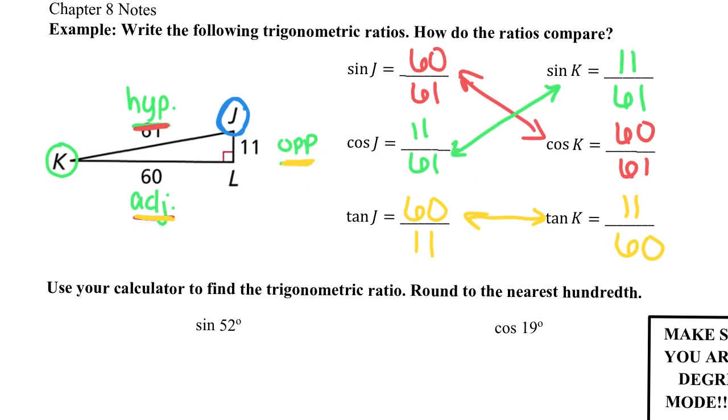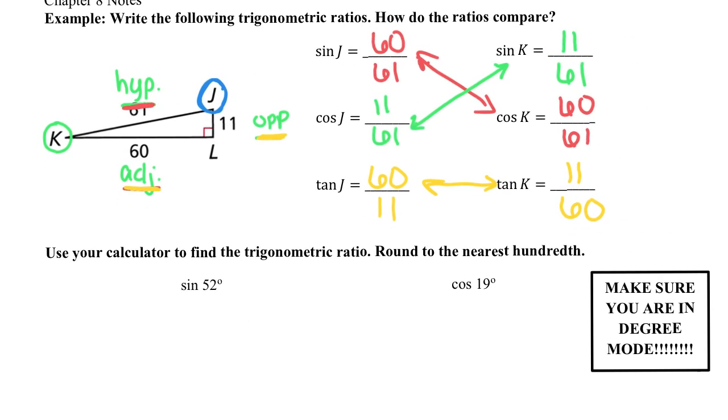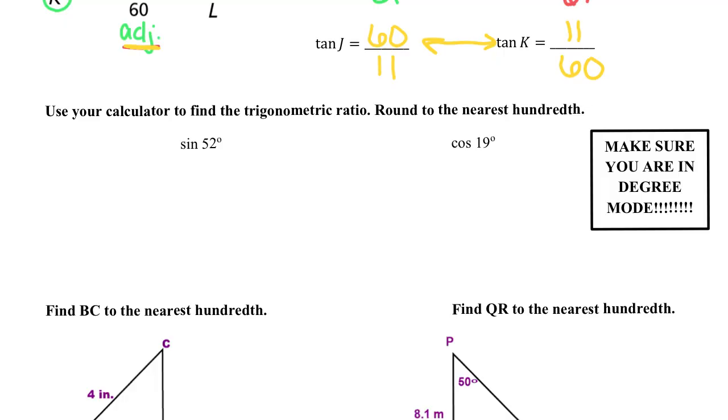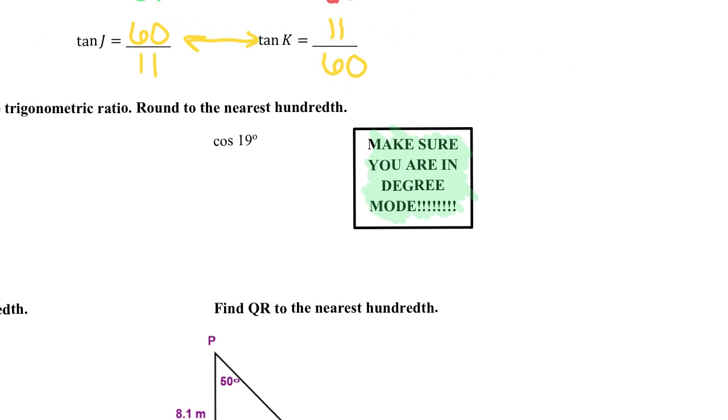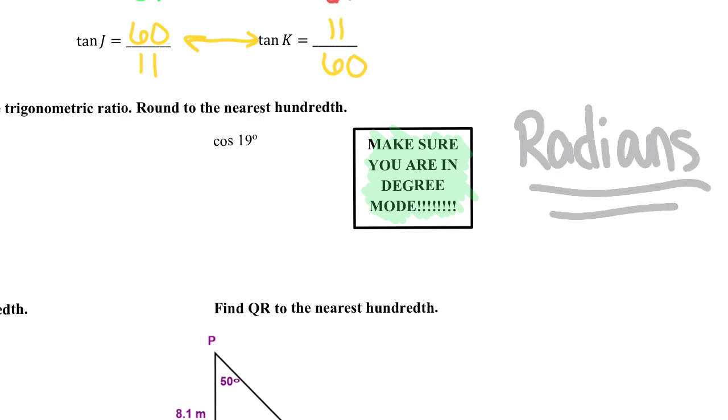All right, so now we need to go ahead and talk about using a calculator. To use a calculator to find our trig ratios, all we're doing is punching this into our calculator. What you need to remember though is that you are in degree mode. There is also a mode called radians. Do not be in radian mode, otherwise you will get all of these wrong and be very, very confused.